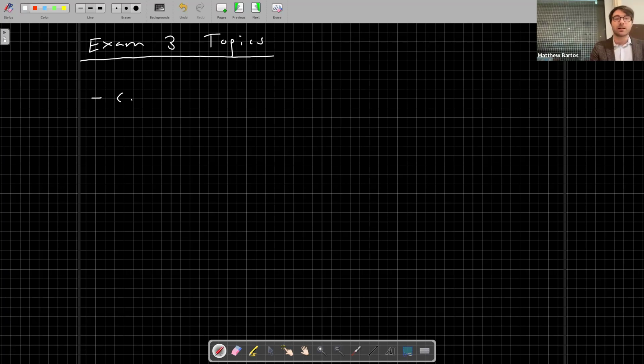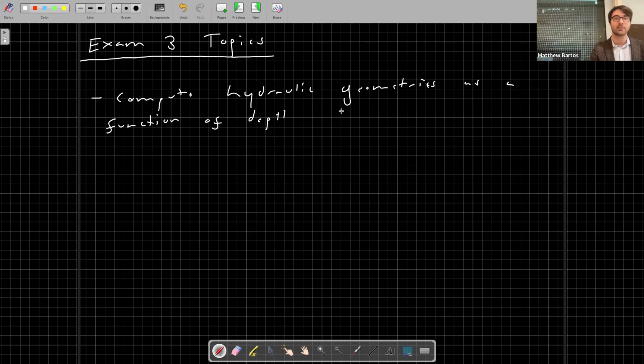First, you're going to want to know how to compute hydraulic geometries as a function of depth in the channel. So this would mean things like the cross-sectional area, wetted perimeter, hydraulic radius, and top width.